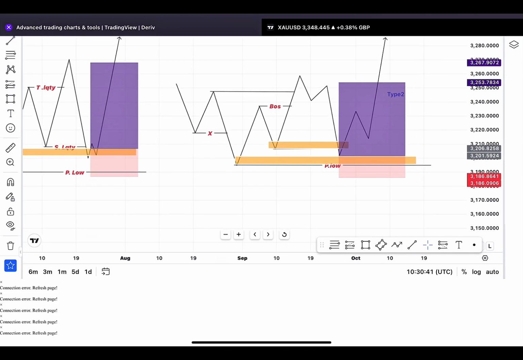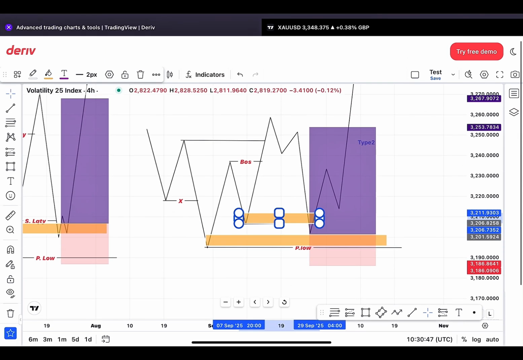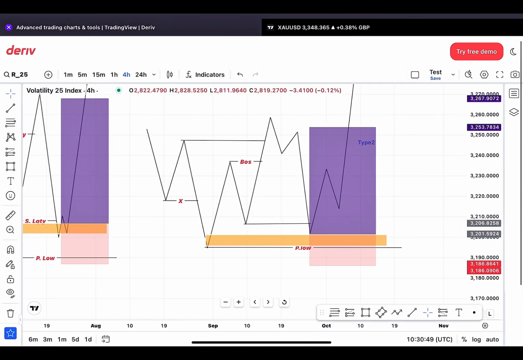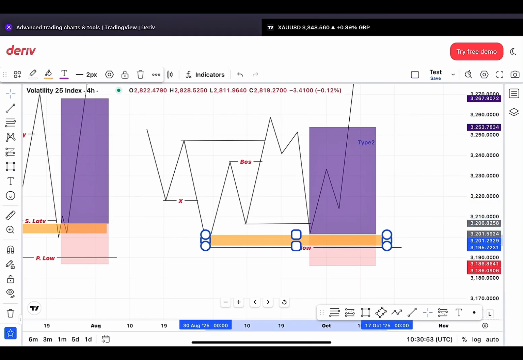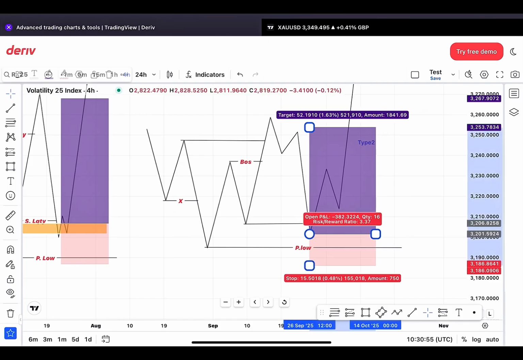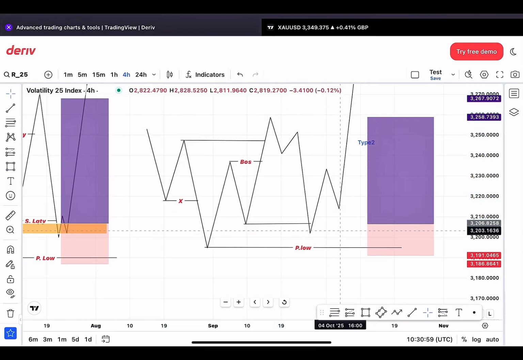So what you do now in this type 2 setup, after the market swept this structural liquidity here, for you not to miss the entry or the chance to trade this market, you wait for the market to break structure.